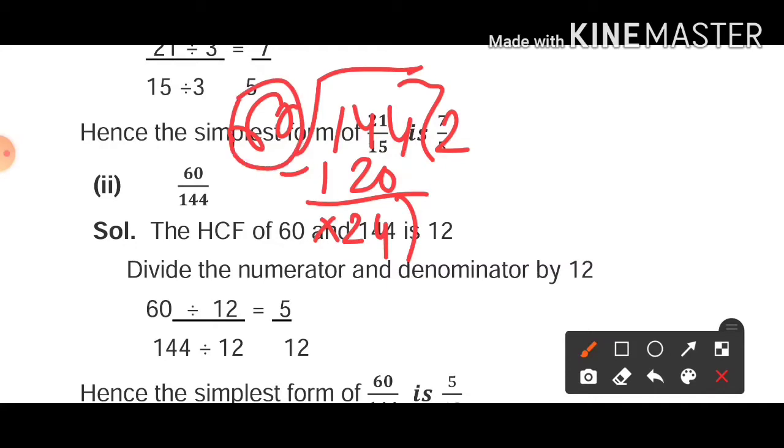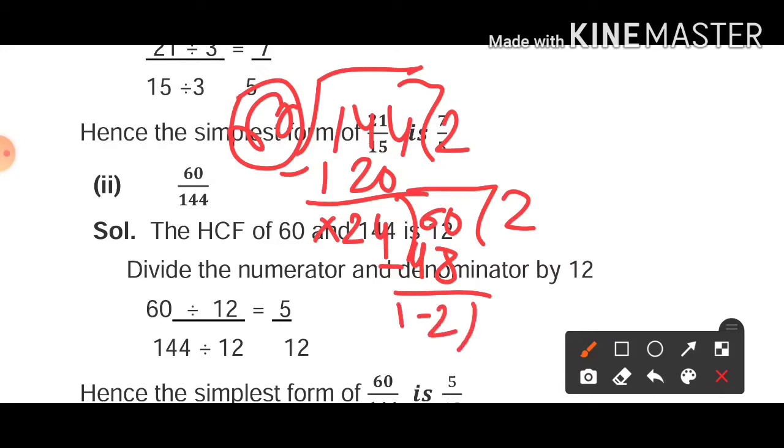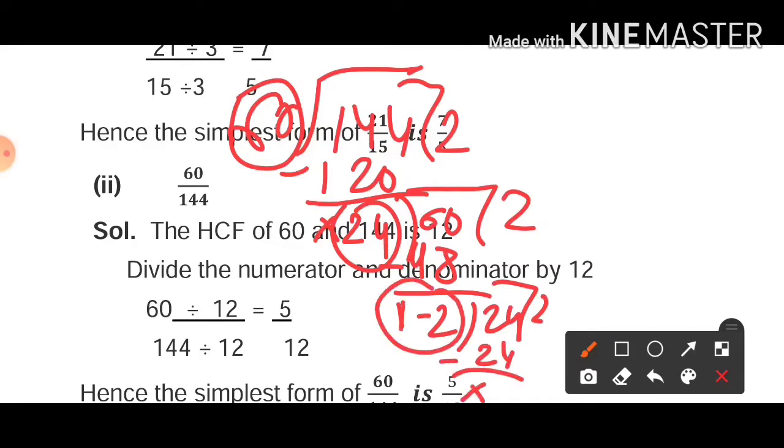Now divide 60 by 24. 24 twos are 48, and 24 threes would be 72, so we have to take only 2 times. Remainder left is 12. Now divide 24 by 12. 12 twos are 24. Now you can see the remainder is 0. It means 12 is the highest common factor.